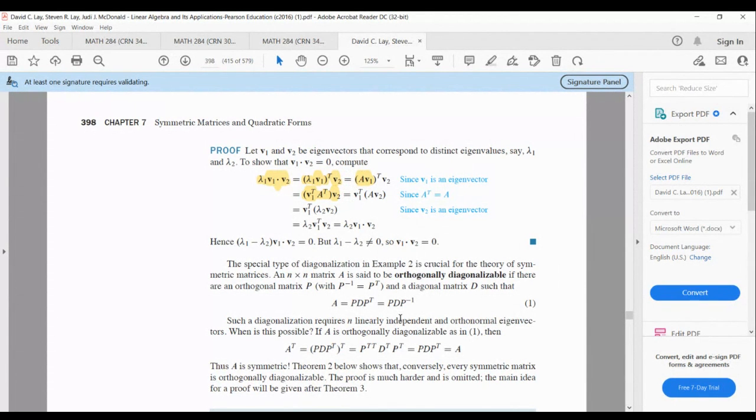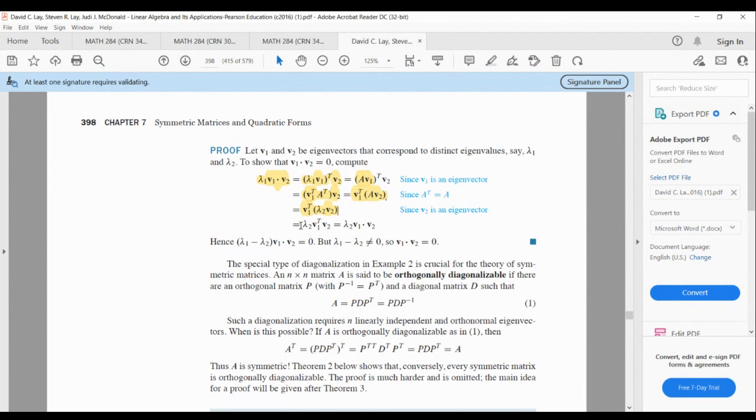But A transpose is equal to A because A is symmetric. So then lambda 1 times the dot product will equal V1 transpose times A times V2. But since V2 is an eigenvector, A times V2 is equal to lambda 2 times V2. And that gets us down here.